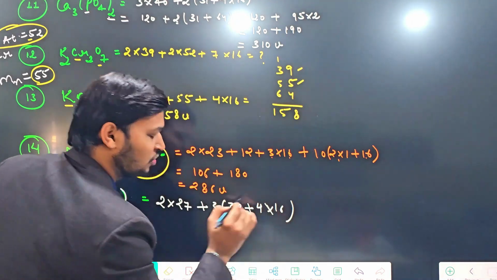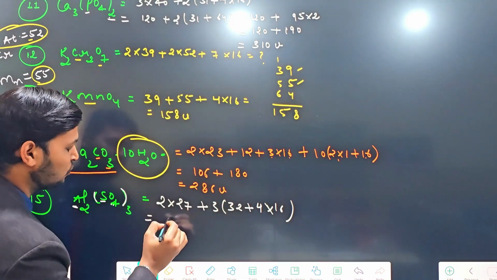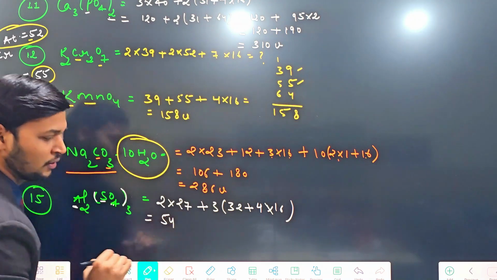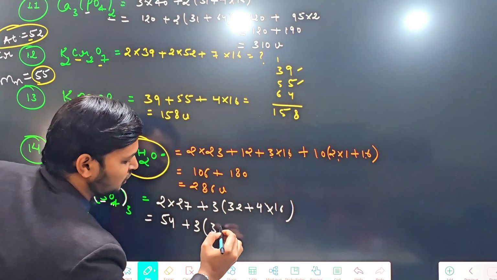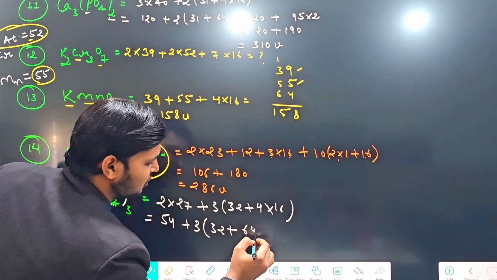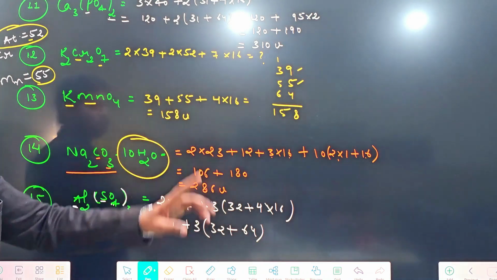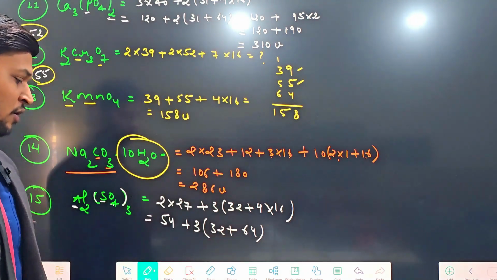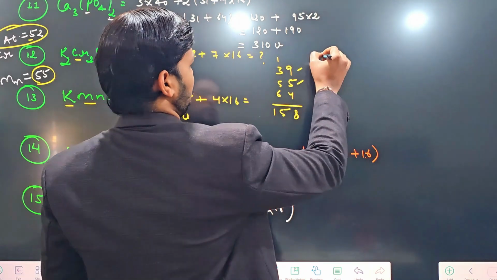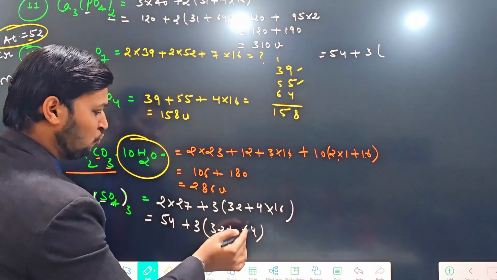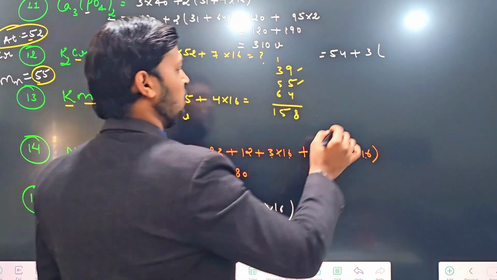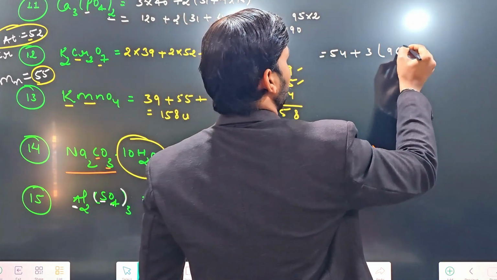Then the bracket closes. 27 multiplied by 2 is 54. Then 3 within the bracket, beta, 32. 16 times 4 is 64. 64 plus 32. How much will you get? 96. See, 54 plus 3 times 96.